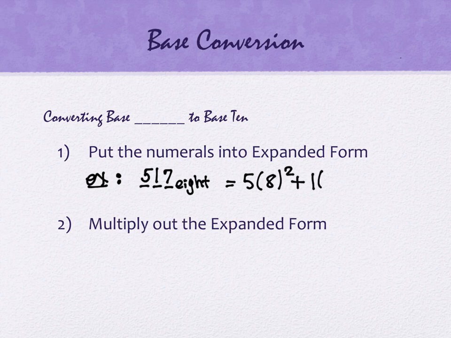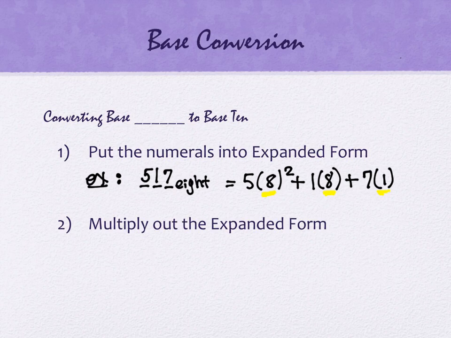The 1 is in the 8s place. And the 7 is in the 1s place. So this right here is the expanded form that it's talking about. It's saying use the place value you're in. This one I chose to create was base 8. And do powers of 8 that you're multiplying by. Okay? And then step 2 is simply to multiply that out.